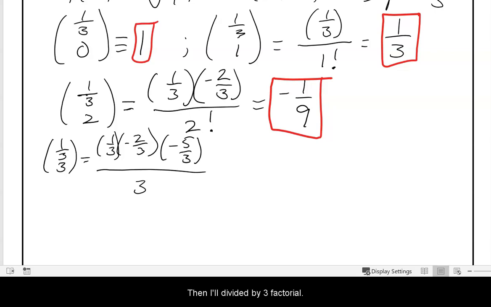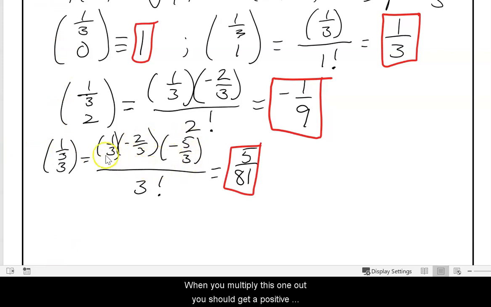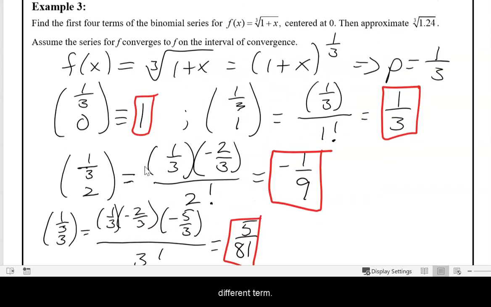Then I'll divide by 3 factorial. Go ahead and take a moment to work that one out. When you multiply this one out, you should get a positive since you have 2 negatives. The 2 in the numerator here will cancel the 2 inside 3 factorial. That will leave us with 4 3's in the denominator, or 81, and only the 5 left for the numerator. This gives us 1, 2, 3, 4 coefficients for 4 different terms.